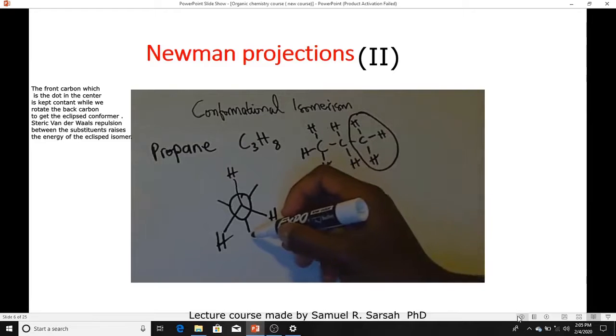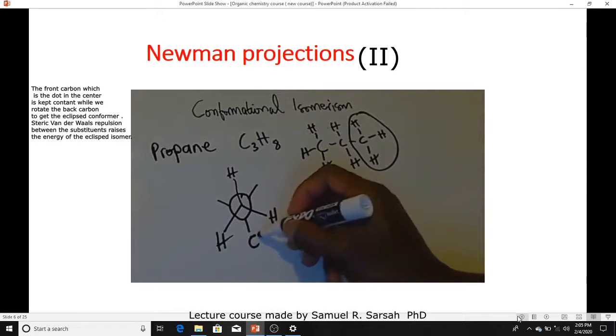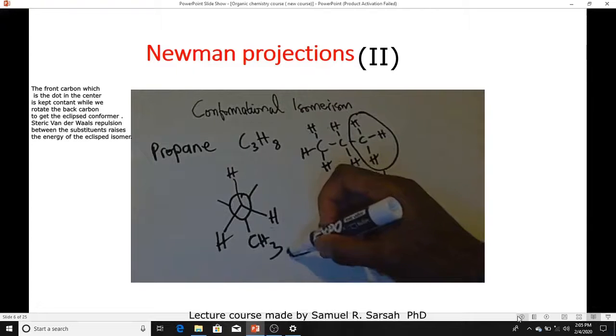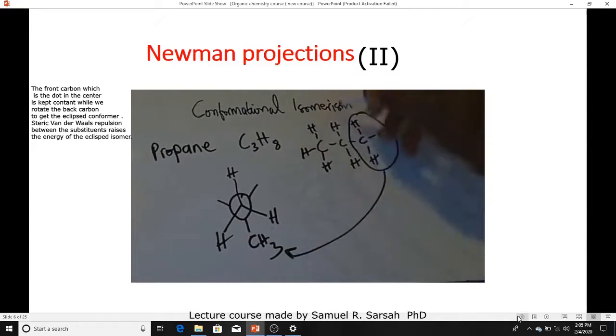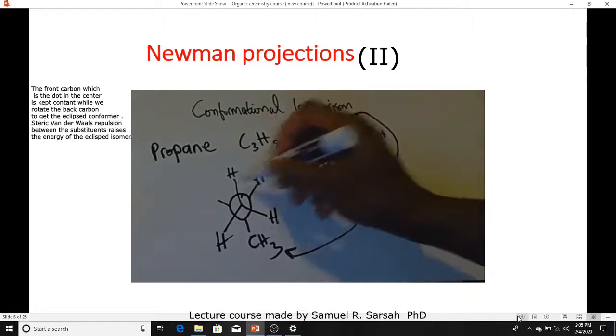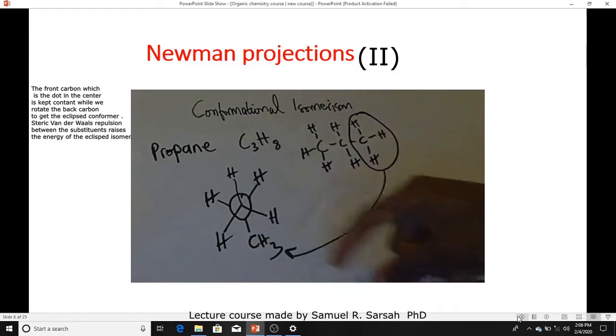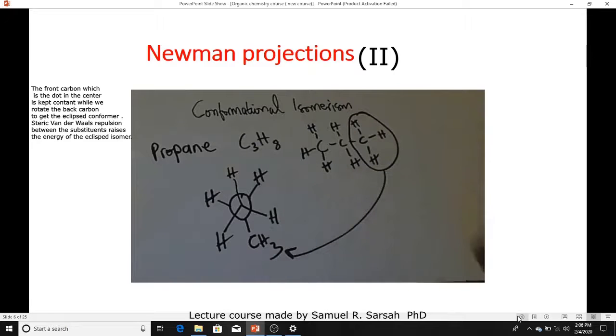So I'm going to show this whole group represented here. Then the two hydrogens come here. So this is how the Newman projection of propane will look.